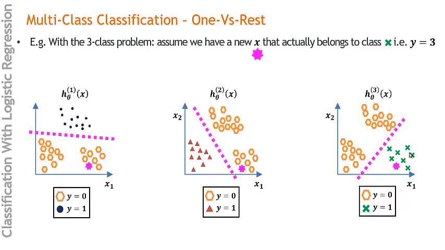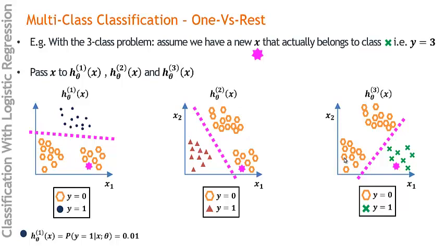In this case, there's a clear winner. There's only one of the three classifiers that gave it a positive identification. But in many cases, the situation is a little bit more fuzzy. So we'll see how to deal with the data in that case.